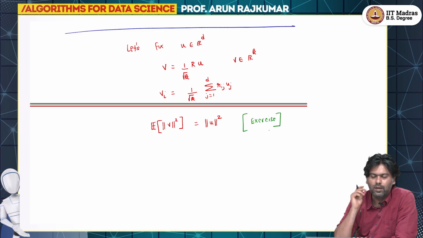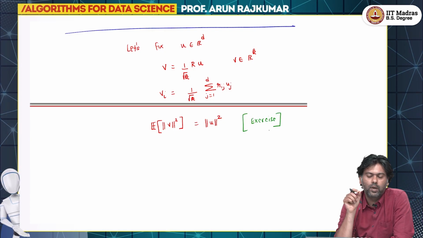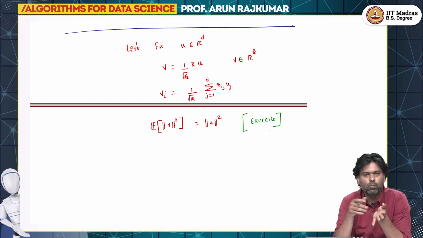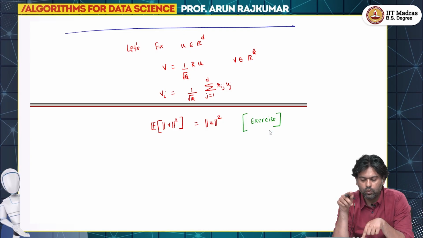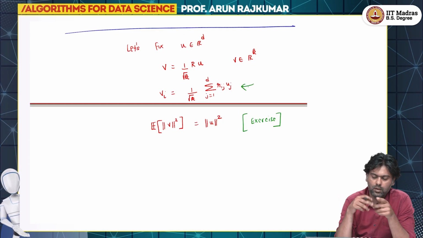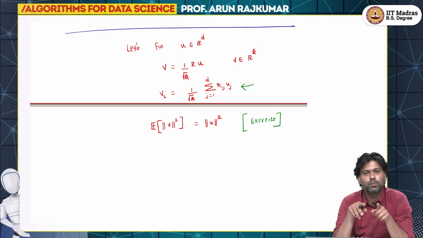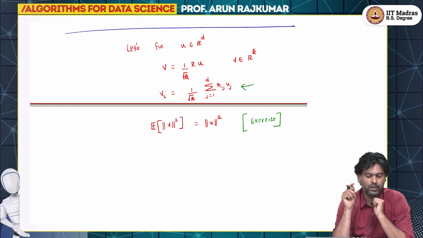Try to argue that the expected value of norm v squared is actually norm u squared. We pretty much did most of these calculations already, but you just have to write down this expression and square it, and then use properties of independence of Gaussians, the fact that a Gaussian's variance is 1 and mean is 0, and then you will get this basically.